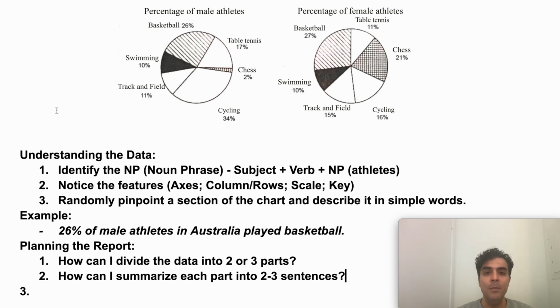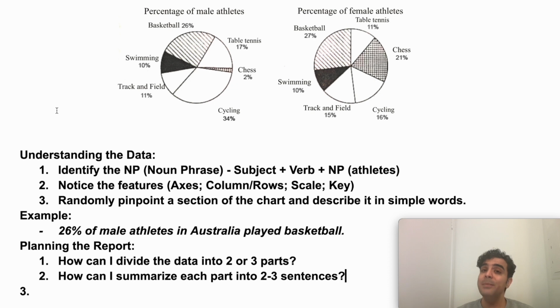So for example, you could say basketball forms almost a quarter or approximately a quarter of male athletes, or attracts a quarter of the male athletes. As you can see, I'm focusing on a proportion, a percentage, a fraction that is worthy of reporting. Or for example, that swimming constitutes only 10%, right? Or something along those lines.